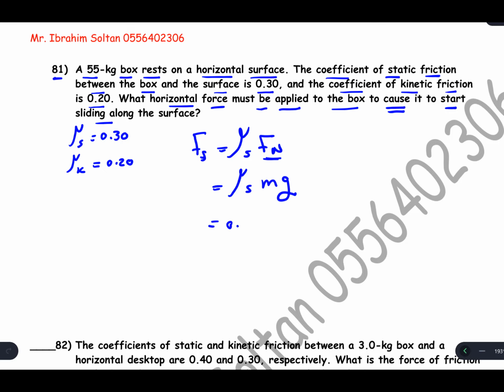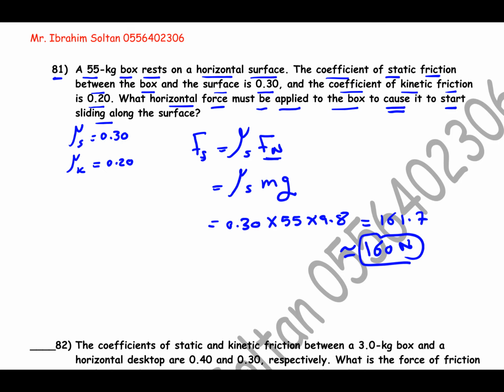So 0.30 times 55 kilograms times 9.8 equals 161.7, approximately 160 Newton as written on the model answer. As you see, we didn't use the coefficient of kinetic friction because if you want the box to start to move, you need to apply a force equal to the static friction force. Let's go to the next one.